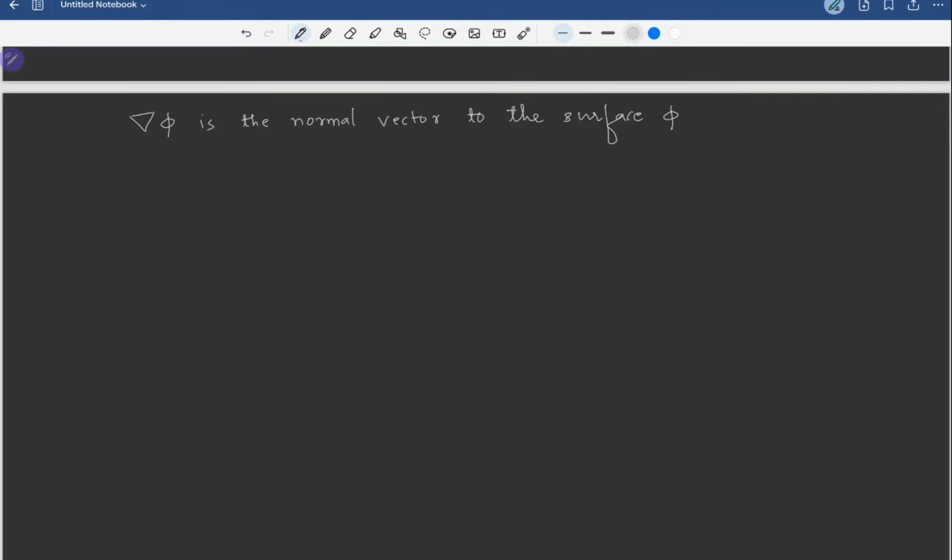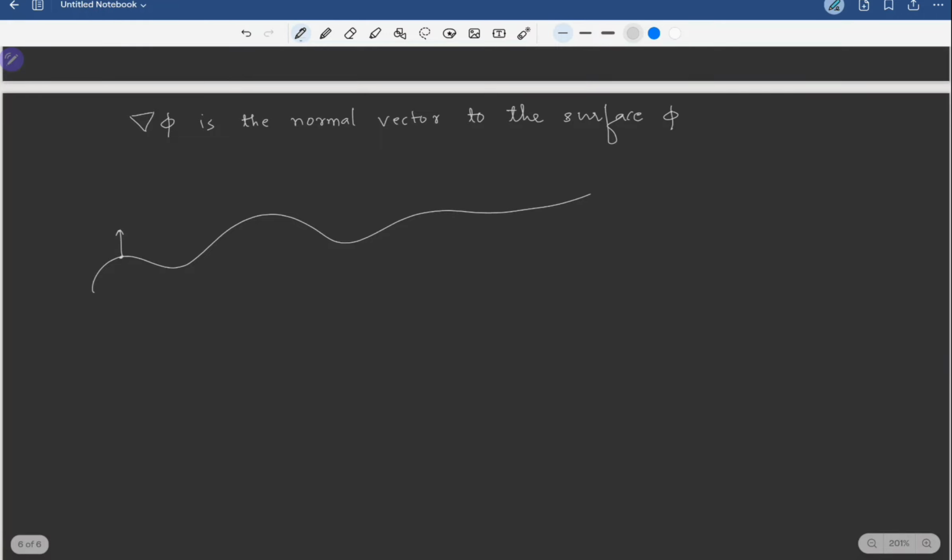If we have any scalar function like this in 3D space and want to define the gradient of this surface phi at a point, then it will be the normal vector at that point. Hope you got this.